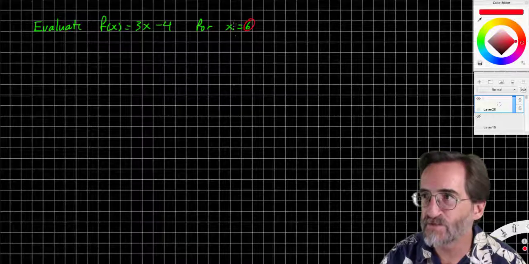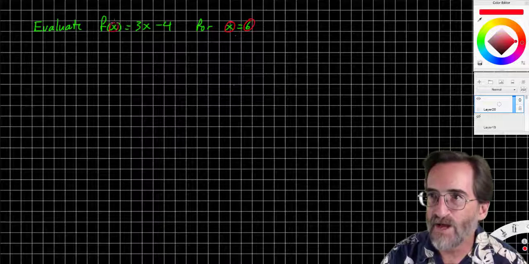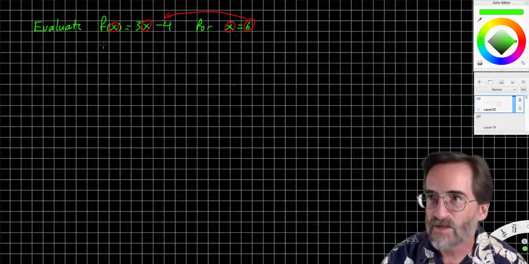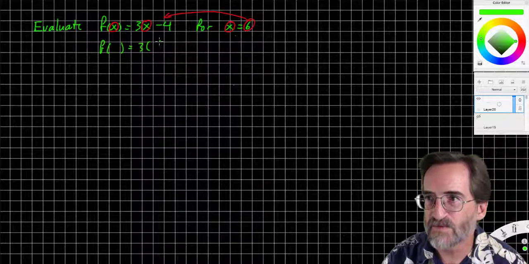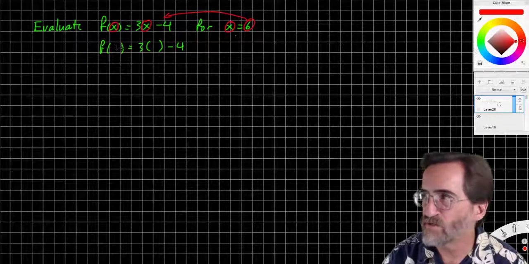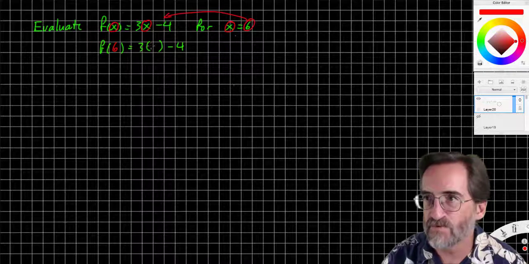If x equals 6, where you see x, put 6 in the function. So we get f of 6 equals 3 times 6 minus 4.